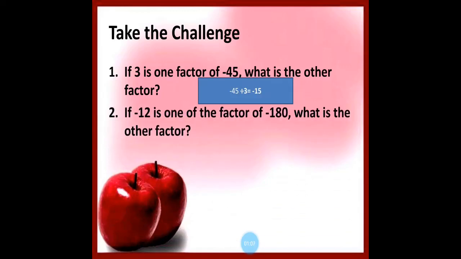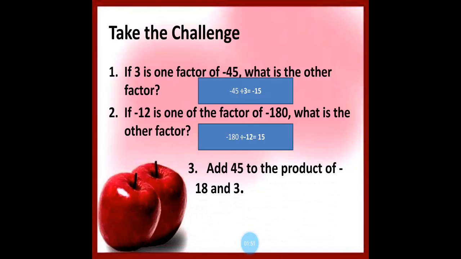Next, if negative 12 is one of the factors of negative 180, what is the other factor? Again, we think of a number to be multiplied by negative 12 to get negative 180. Here is the equation: negative 180 divided by negative 12. Negative divided by negative is positive 15. Meaning, if I multiply negative 12 by 15, the answer is negative 180.